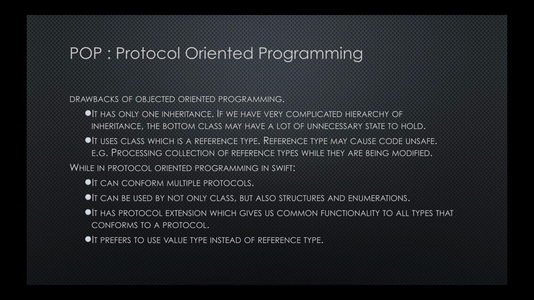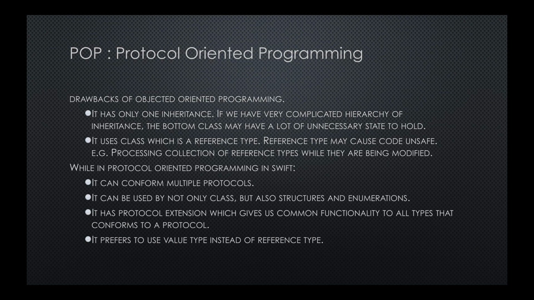Why did Apple make Swift protocol oriented? Because they saw some drawbacks in object oriented programming. The problem was that object oriented programming has inheritance, and with a very complex hierarchy of inheritance, the bottom class ends up with unnecessary state to hold. It has a lot of data which it doesn't require.